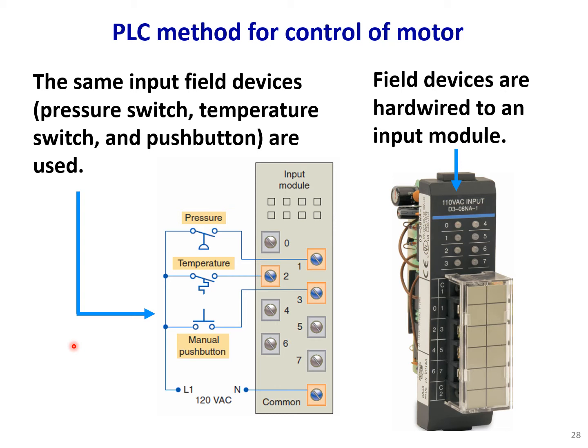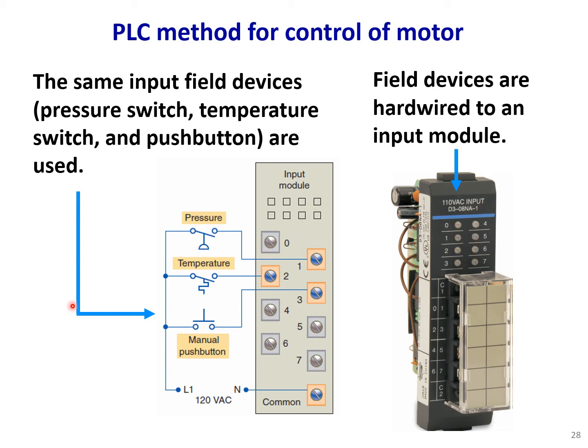We continue with the PLC method for control of the motor. The same input field devices, pressure switch, temperature switch, and push button, are used in the PLC. Okay, so in the previous slide we had relays and switches instead of a PLC. Now we want to use a PLC.